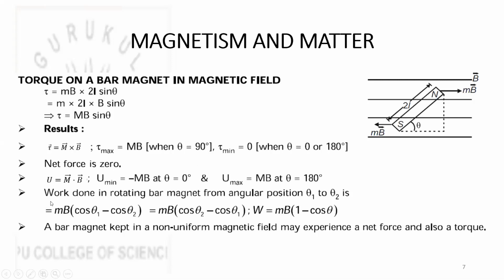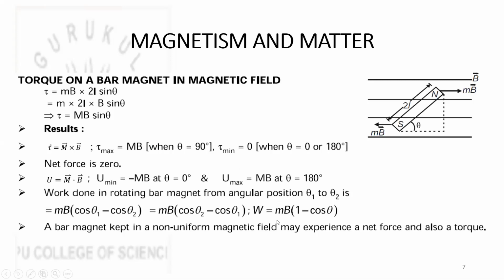Then the work done in rotating the bar magnet from angular position theta 1 to theta 2 is given by the formula W is equal to MB. Here we need to change small m into capital M. Capital MB into cos theta 1 minus cos theta 2, or minus MB into cos theta 2 minus cos theta 1.